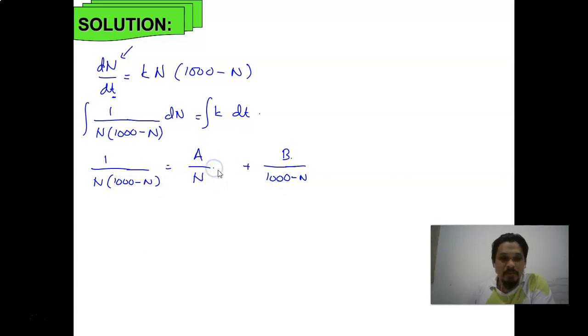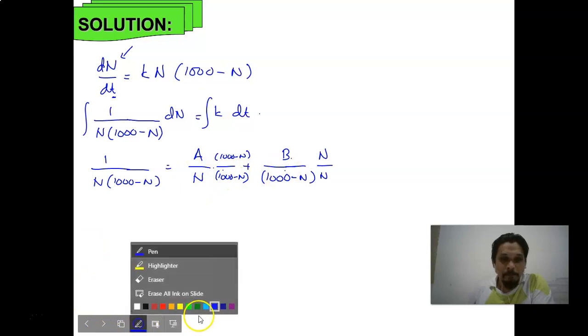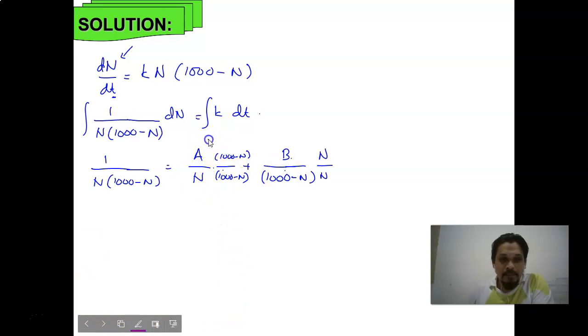So just imagine that we multiply by n(1000 minus n). This is the partial fraction that we formed just now.